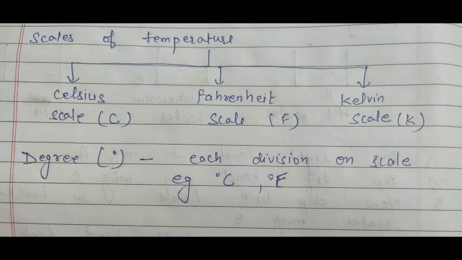are the Celsius scale, Fahrenheit scale, and Kelvin scale. Celsius is written in the short form as C, Fahrenheit as F, and for Kelvin we write K, right? So each and every thermometer has these different scales.